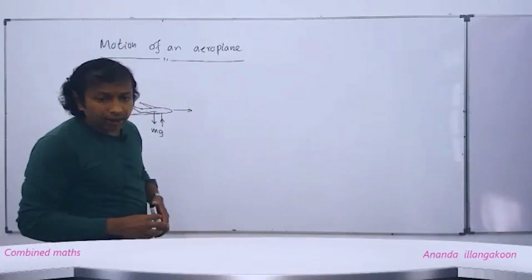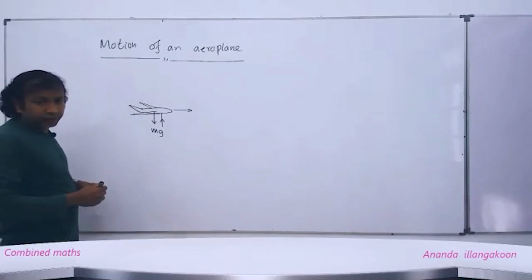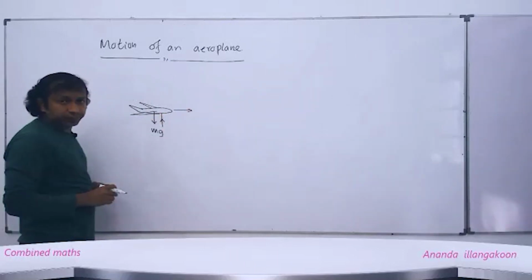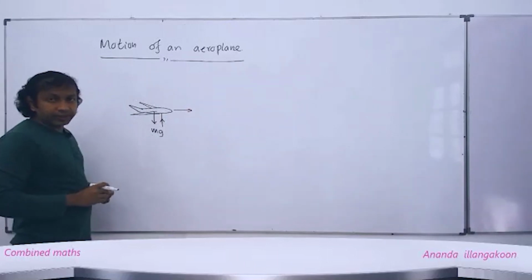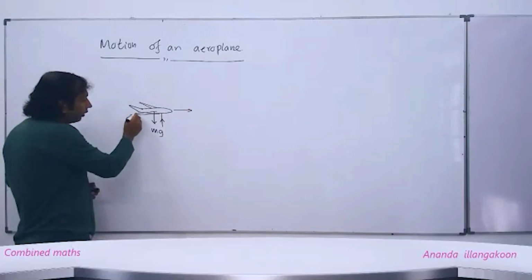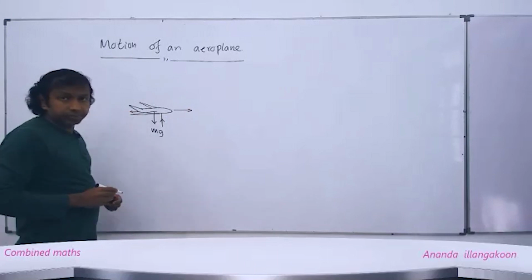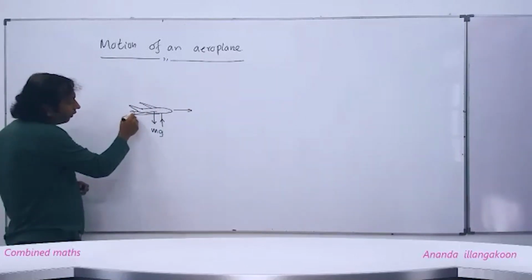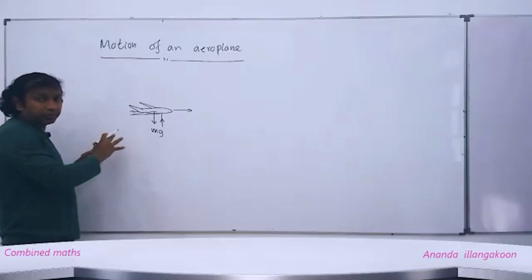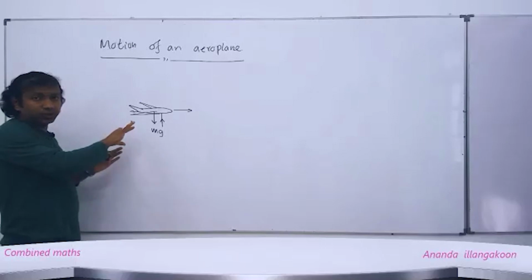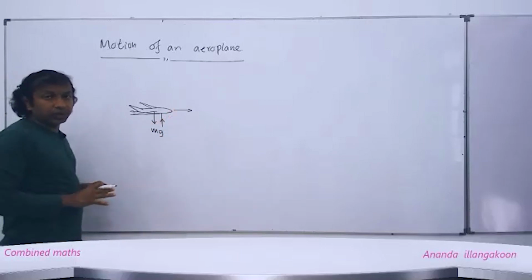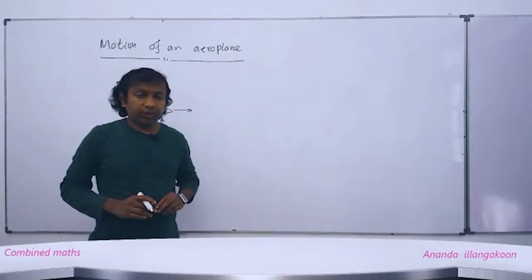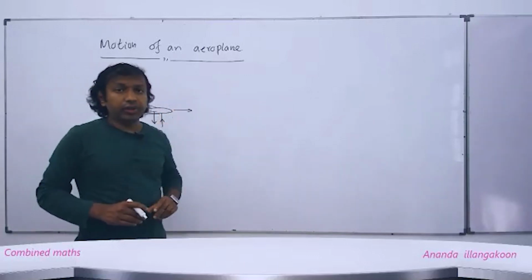And the velocity required to move this aeroplane in this direction is produced by the engine in the aeroplane, and it exerts a force on the air, and as a result, the air gives a force to the aeroplane in this direction. Using that only, the aeroplane gets the required force to move rightward.